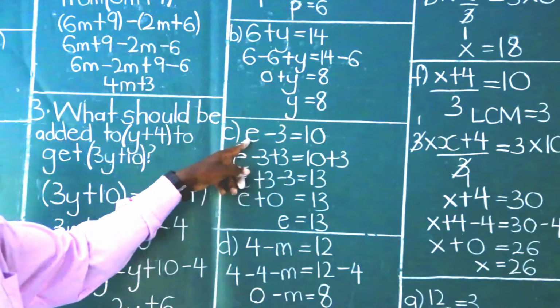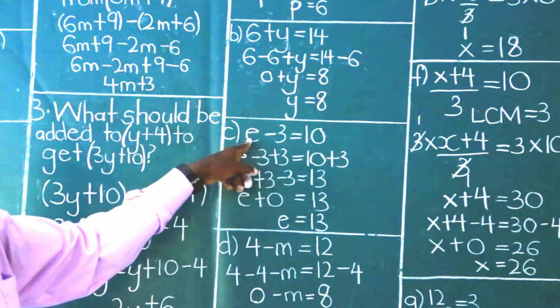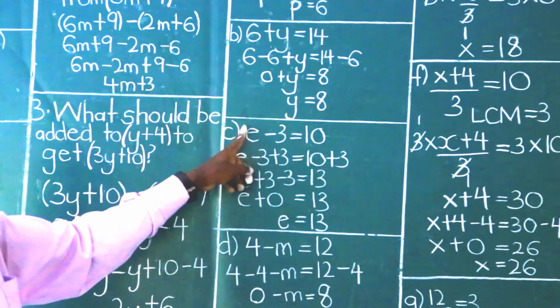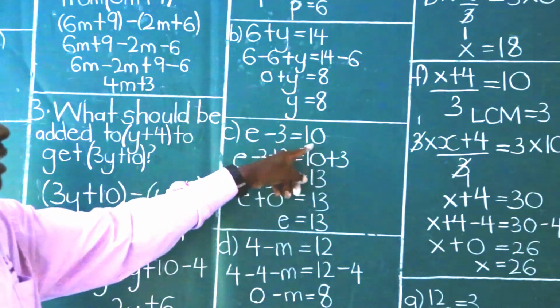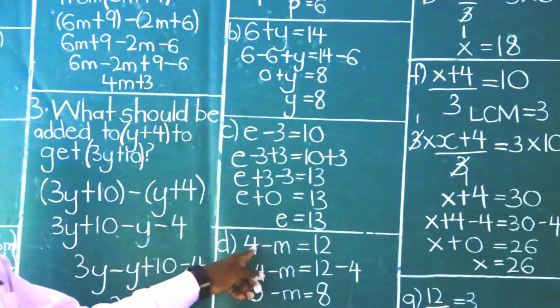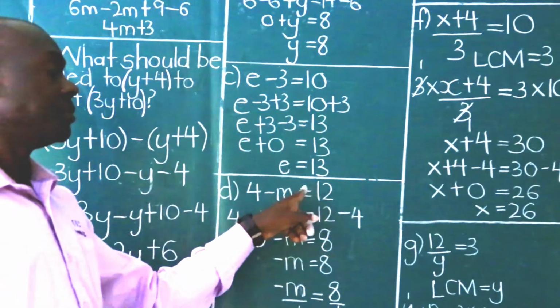Check whether 13, when somebody takes away 3 from 13, gets 10. So 13 minus 3, is it 10? Yes, then we are good. E value is actually 13. We go to part D of number 4 and work out, where 4 minus m is equal to 12.